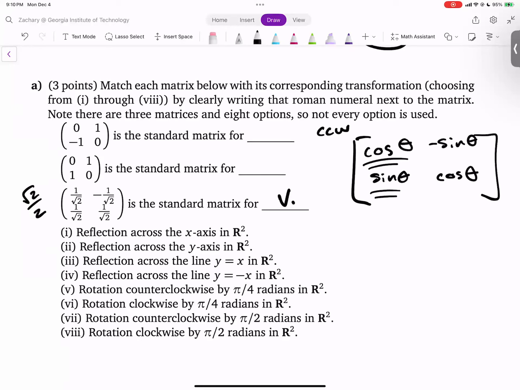So now looking at this top one, we can look at it in two different ways. Does this look like this general matrix here as well? Did you think of a cosine and sine of the same angle to make this true? Yeah, like at 90 degrees, right? Cosine 0, sine 1. But in this case, the sine is -1. So what we can tell is this is a clockwise rotation because the positive is up here.